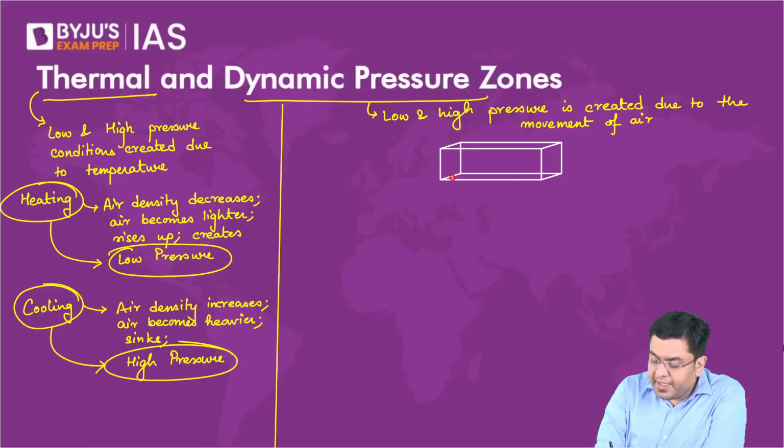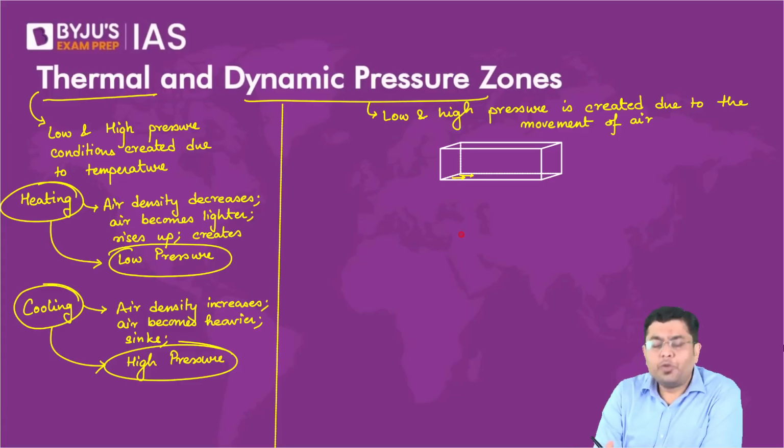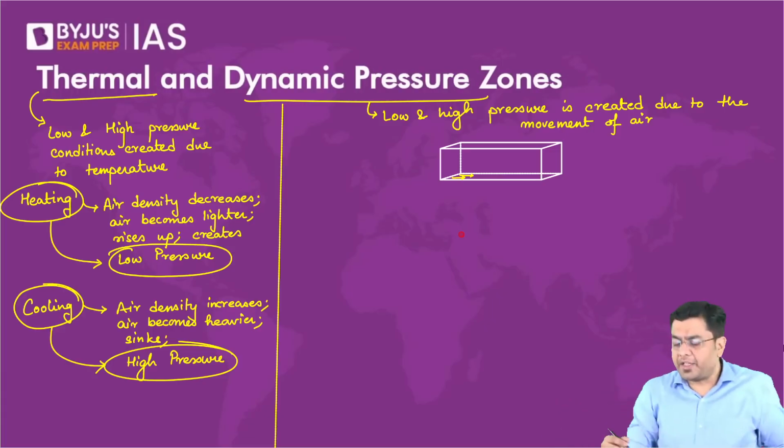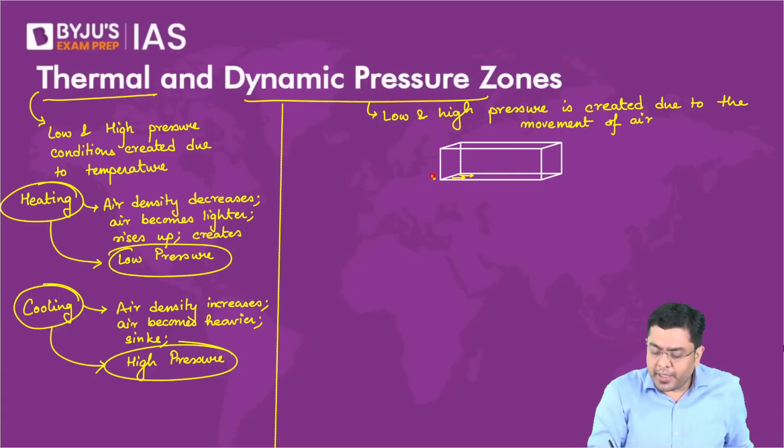Think about any closed room, any room that you are sitting in. That room will have the ceiling, the roof, the floor as well. Let's suppose you have very large fans installed near the floor from both sides, and they are continuously blowing air near the ground surface.